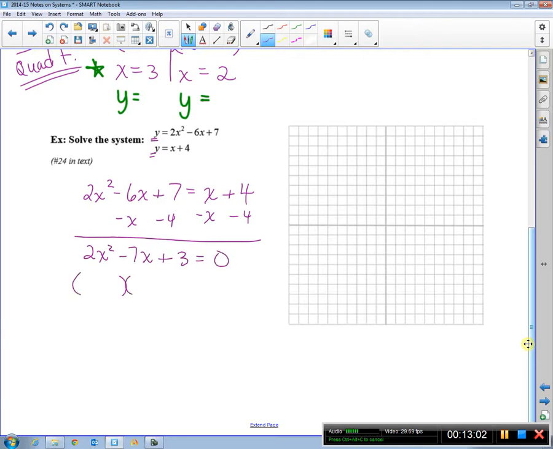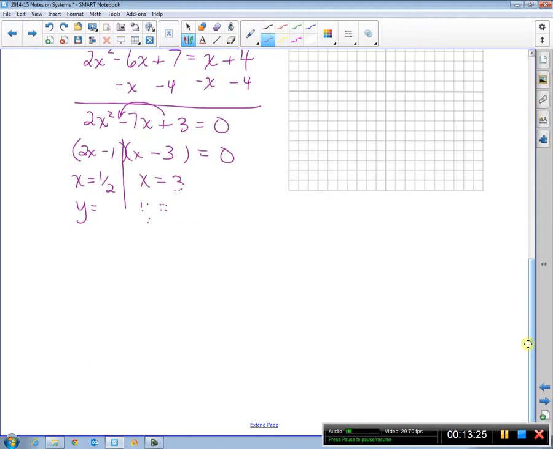I'm going to try factoring. I can see they both need to be subtraction. 2x minus 1, x minus 3. That makes for some very nice x values. And now go find those y values. So I will use the easier equation of y equals x plus 4.